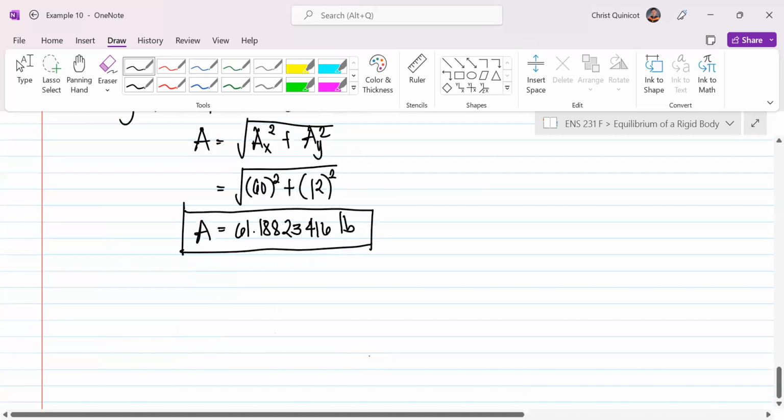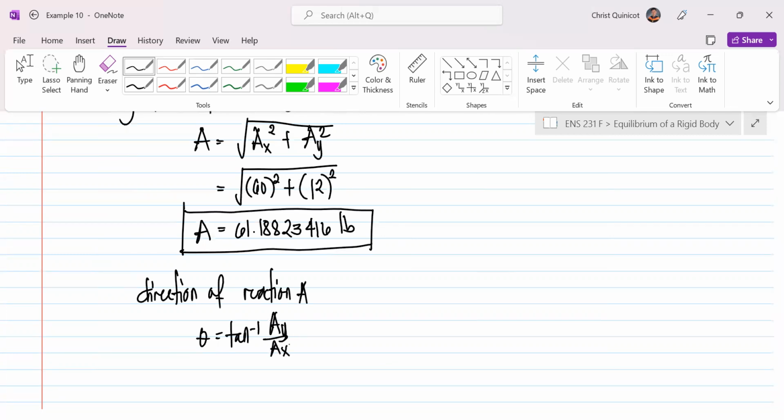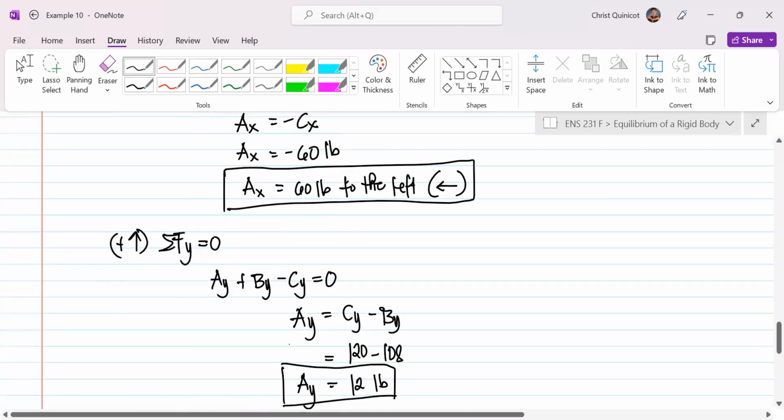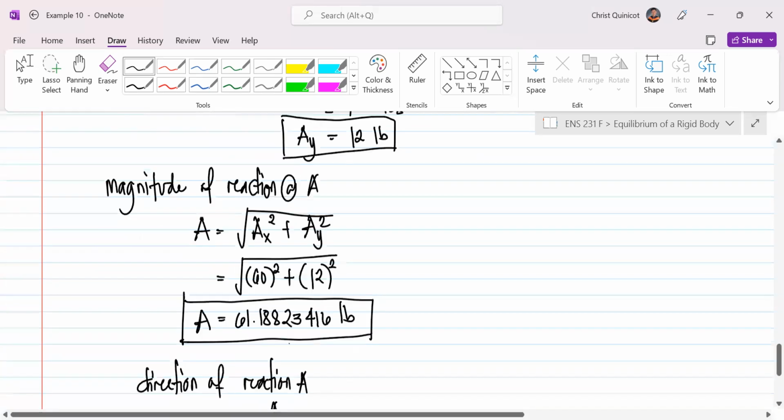And its direction of reaction A, that is theta is equal to tangent inverse of A sub y over A sub x. Now for my A sub x, I will not be using the negative, but it is understood that it is going to the left.